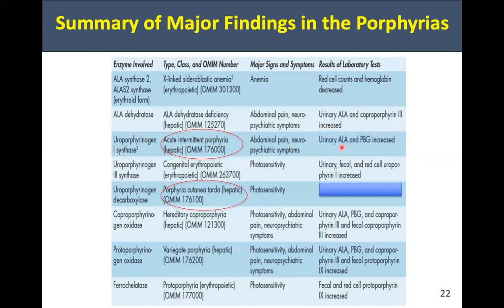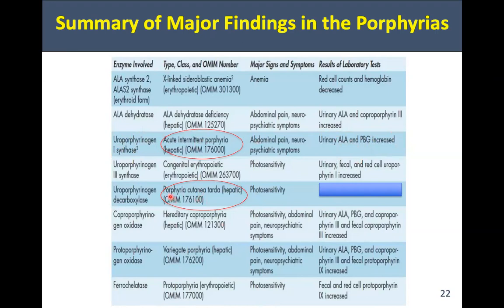The answer is urinary ALA and PBG. The reason for this is because the synthase is responsible for synthesizing uroporphyrinogen from PBG. And because the enzyme's not working, it leads to an accumulation of the substrates, specifically PBG, and then that can lead to an even more backup of ALA, right? So elevated levels of ALA and PBG are found in a deficiency of this enzyme because it can't use these substrates to make uroporphyrinogen.